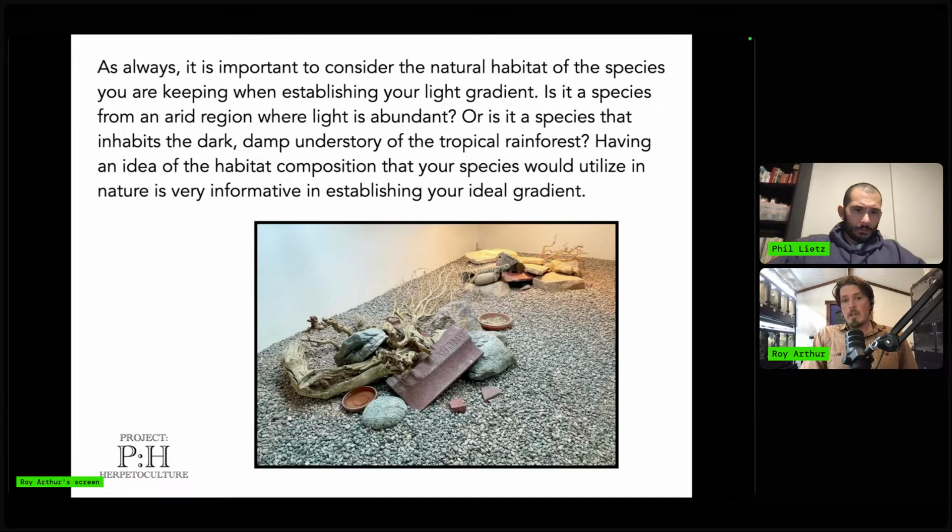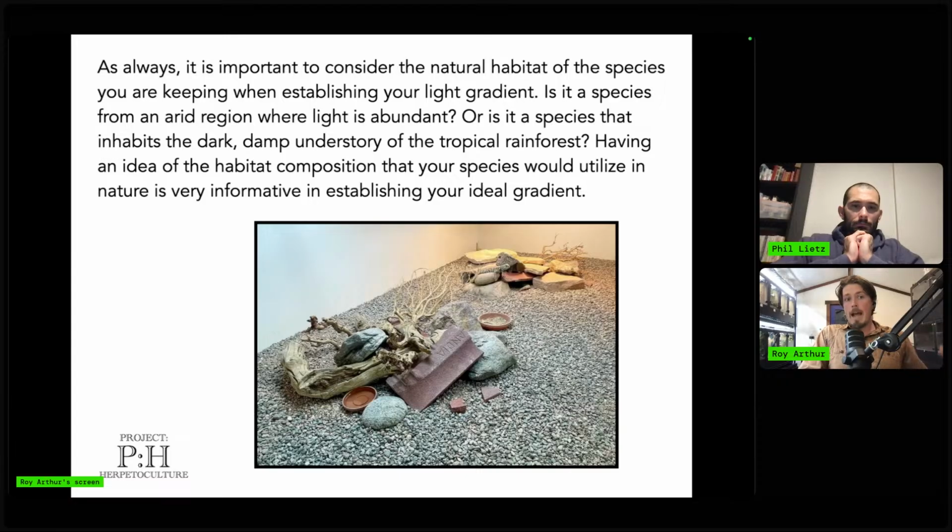So here you have one of Phil's open topped pens for Eurymastix ornata. You can see that this is very brightly lit, nice and open, and there are areas where these lizards can escape that light. They can get down into these boulder piles that are created here for them.